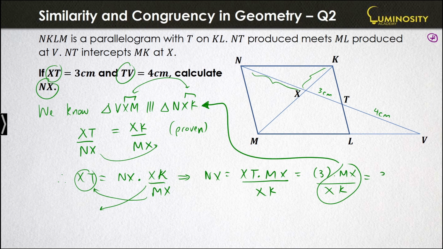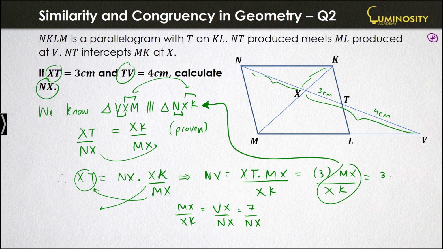So it's going to be still 3 times MX over XK, which can be written as VX, this side length here, over NX. So why do I choose that specific correspondence to go with? Well, VX is the side length here, and we can work that out because that's 3 plus 4, which is 7. And NX, well, that's what we're actually trying to find.